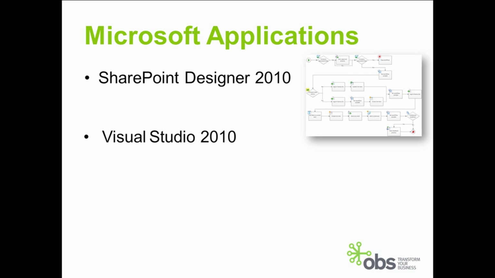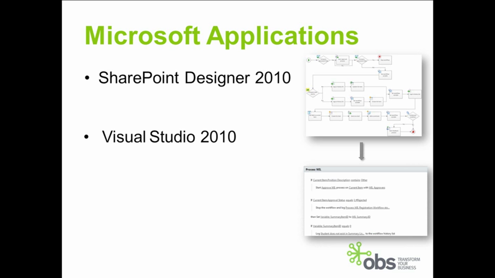And when we imported that into SharePoint Designer, this is just a very small part of it, we got a framework that then allowed us to make sure that the logic was in the right order, and also then add in all of the different pieces of information that we need to look up, such as looking up different lists and logging entries to a history list and all of those kind of things.